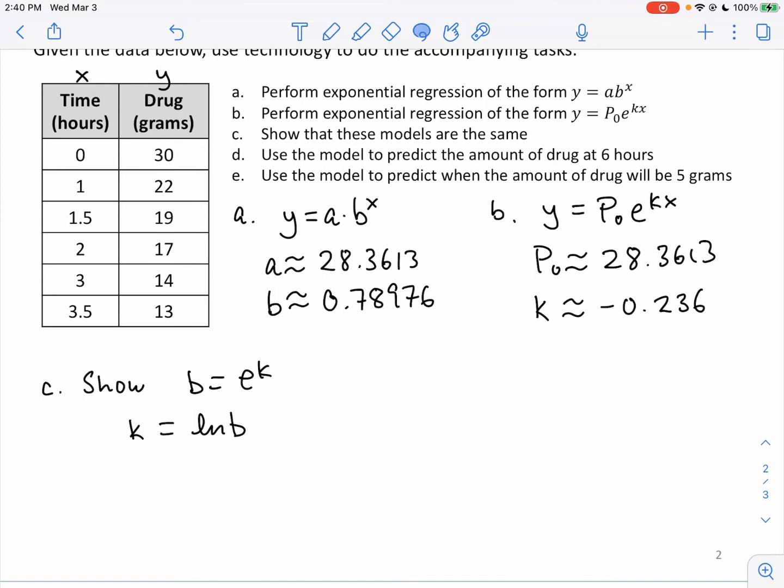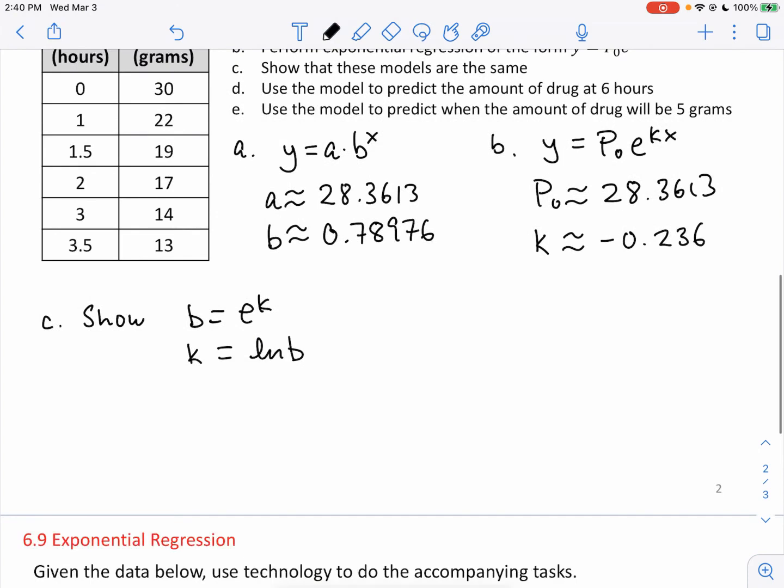Now we need to show that they're the same. We could show that they're the same by showing that either one of these two statements is true. We've already shown that, so let's show that this bottom one is true. We already know that k is approximately negative 0.236. Now let's do the natural log of B and see if they're the same.